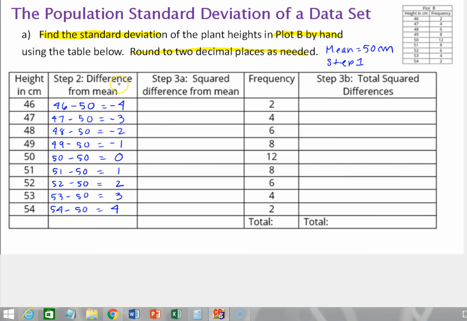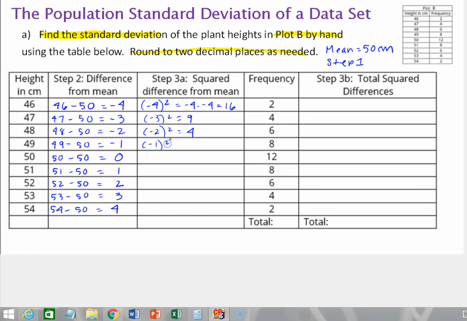So now that we have the difference from the mean of all the data values, we need to square the differences. That's the second step. So -4 squared, if you're going to put this in your calculator, you should put the -4 in parentheses, because remember this means -4 times -4, which is a positive 16. So -3 squared is positive 9, -2 squared is positive 4.